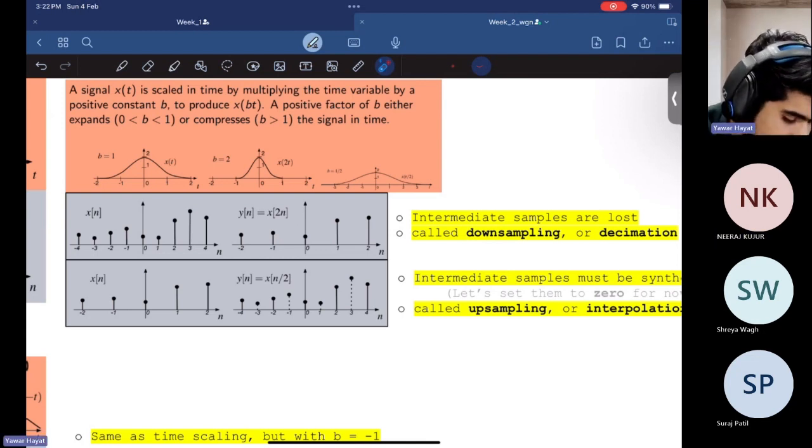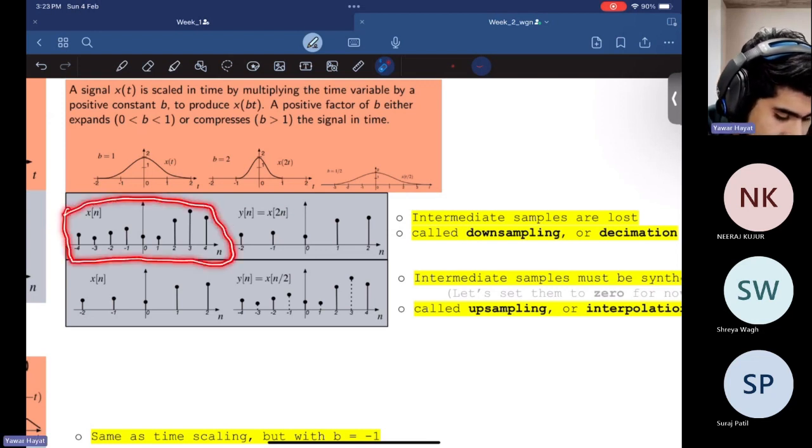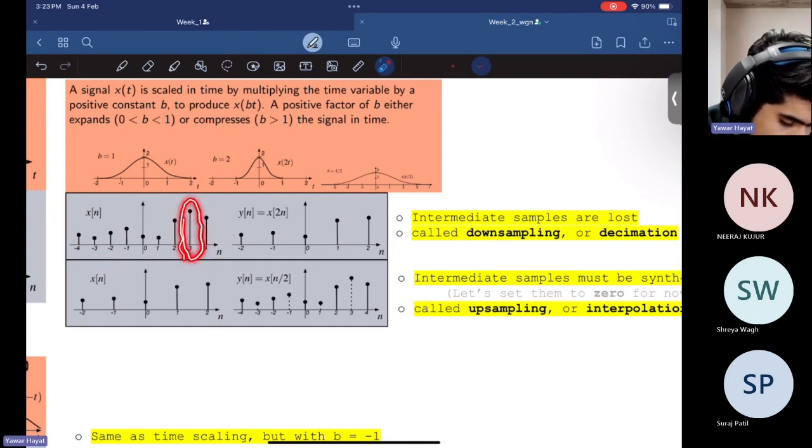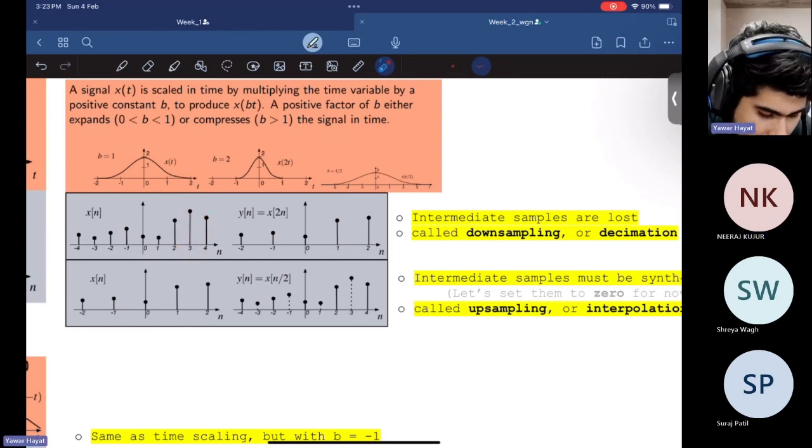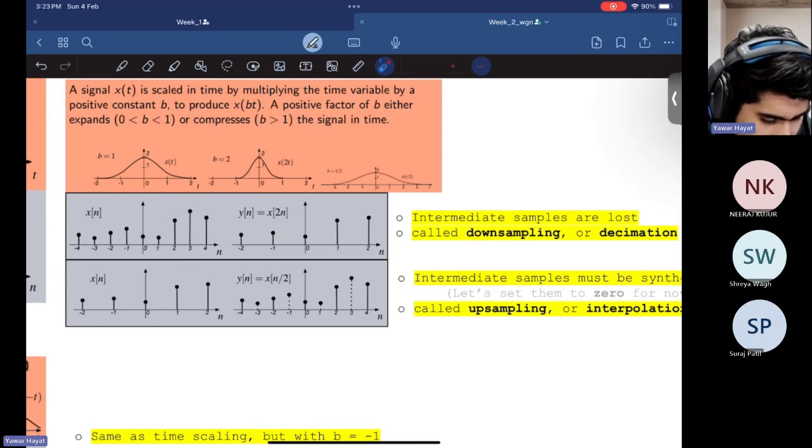Okay, so what I'm saying is the original sequence x of n had some value corresponding to the n equal to 3 sample, right? And the point I'm trying to make is that these samples, for example this sample, will get lost.